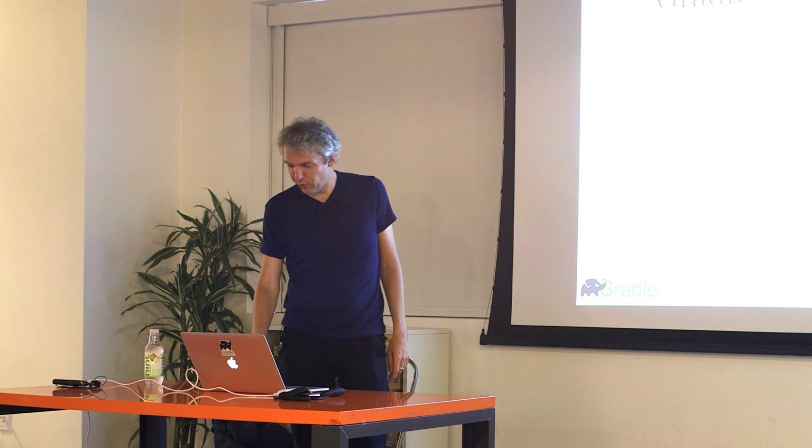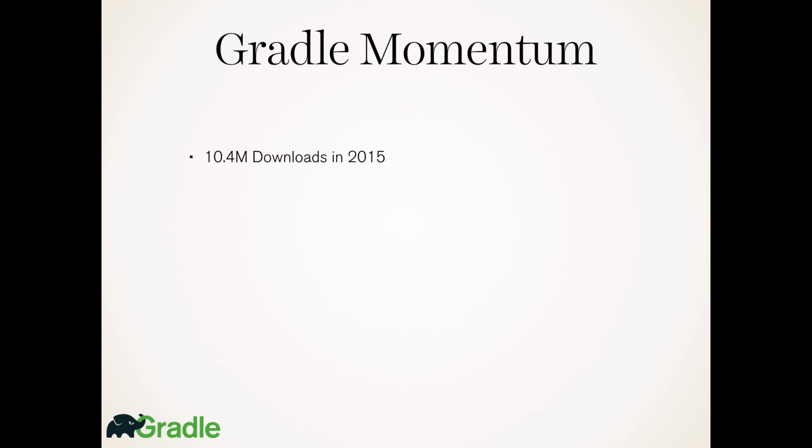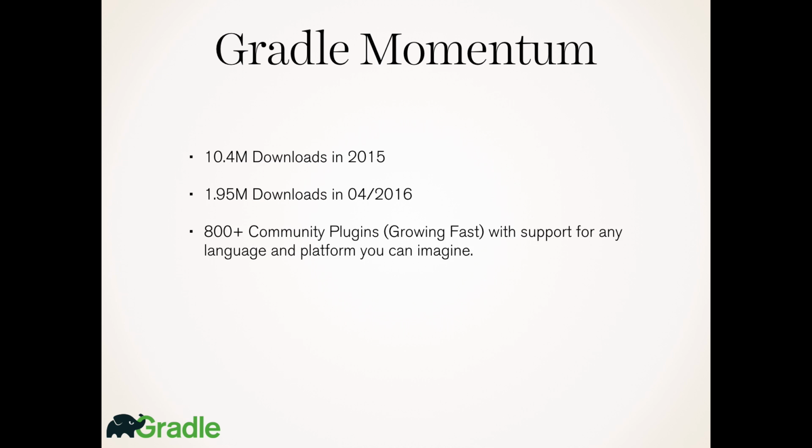So yeah, before I hand over to Stepan, a couple of words on the Gradle momentum. We had 10.4 million downloads in 2015, 1.95 million downloads in April, so last month. 800 plus community plugins, growing fast with support for any language and platform. It's amazing.